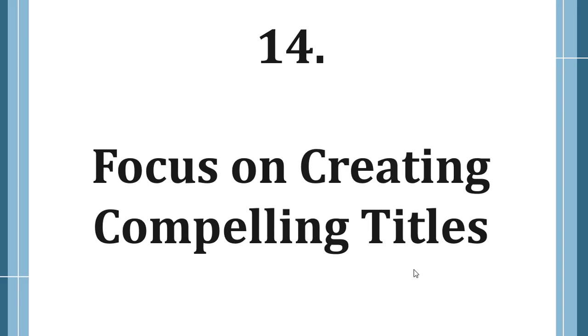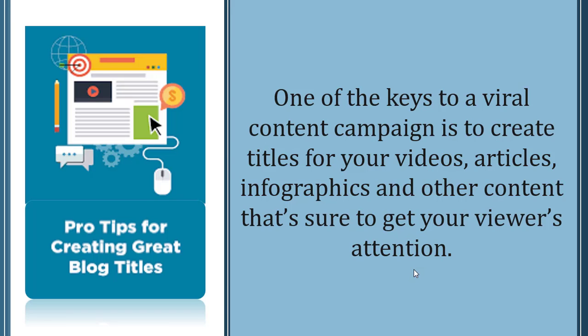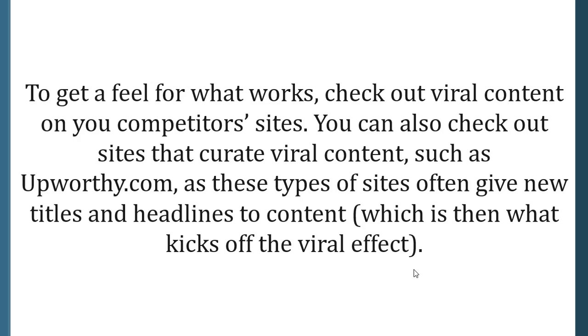Number 14. Focus on creating compelling titles. One of the keys to a viral content campaign is to create titles for your videos, articles, infographics, and other content that's sure to get your viewers' attention. To get a feel for what works, check out viral content on your competitors' sites.